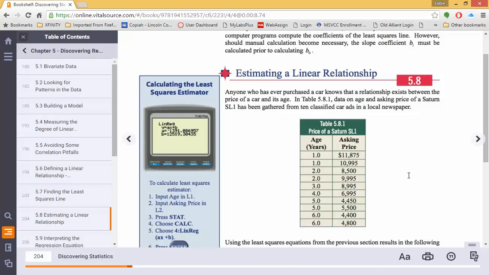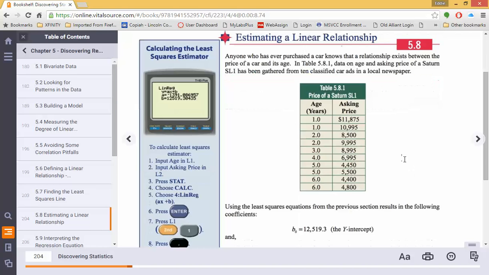Anybody that buys cars knows the older your car gets, the less it's worth, until it becomes a collectible. But even then, it may not be worth a lot, depending on the condition. You can see this data was taken on this exact car, this Saturn SL1, and here's the age of the car and the asking price in the ad.